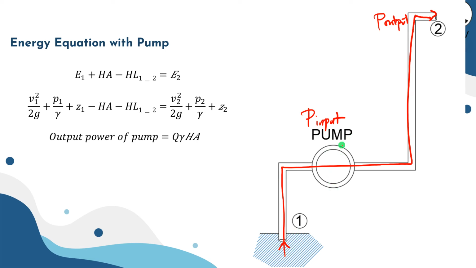The pump gives us an additional head at point 1. Our symbol for that head is HA. It will be added to the energy at point 1, and that should be equal to the energy at point 2.